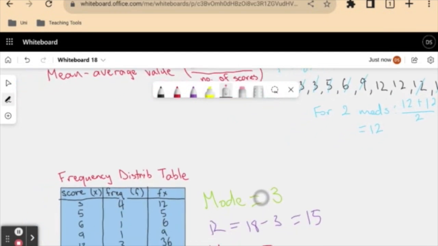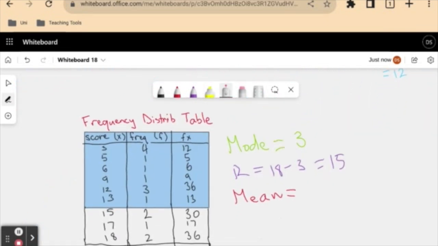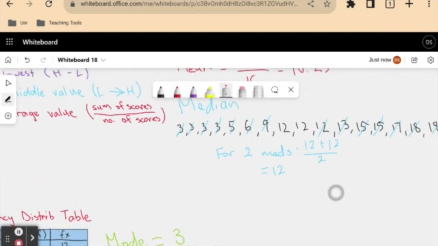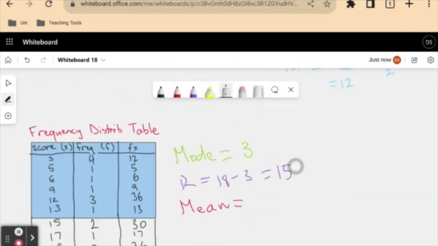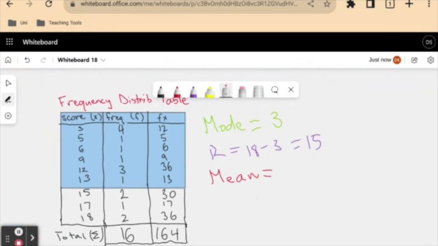But this is just quicker because if we know that there's 4 times that a 3 happens, adding all those 3's together is just the same as taking 4 lots of 3. Multiplying 3 by 4, we get 12. And we do this for each term. And when we have multiple terms, like 3 lots of 12, that's like going 12 plus 12 plus 12. That gives us 36. And adding all of these together gave us 164.